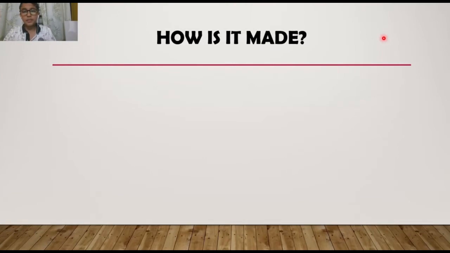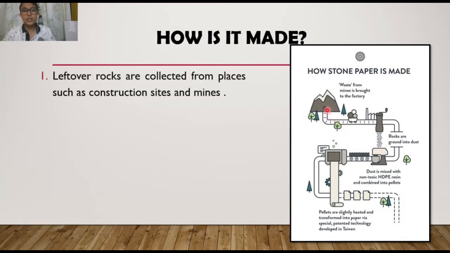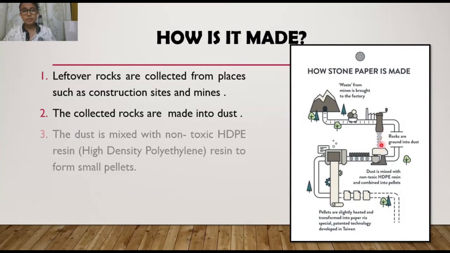How is it made? The following steps are taken in the process of making stone paper. First, leftover rocks are collected from places such as construction sites and mines. Then these rocks are converted into fine dust. The dust is then mixed with high density polyethylene resin to form small pellets.